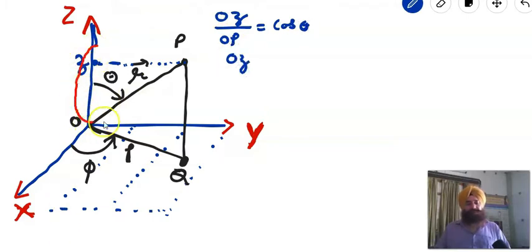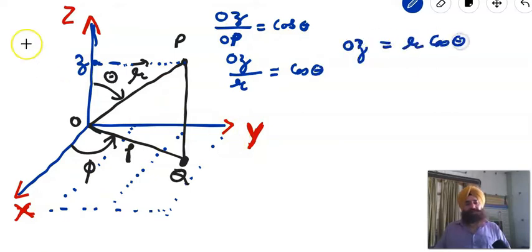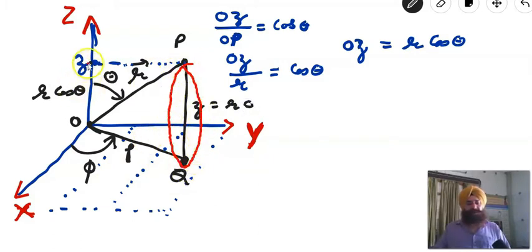Writing cos theta, base over hypotenuse, this OZ becomes r cos theta. Actually, this line and this line both are parallel lines and equal in length.